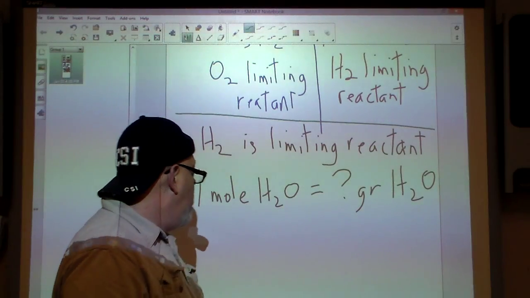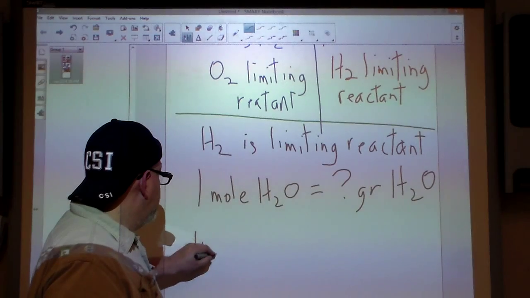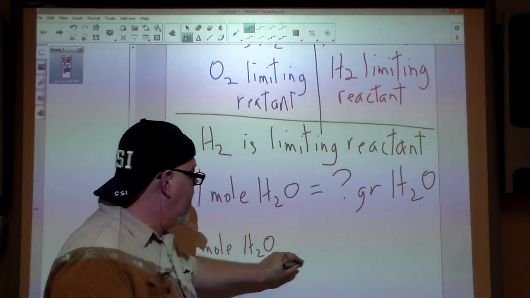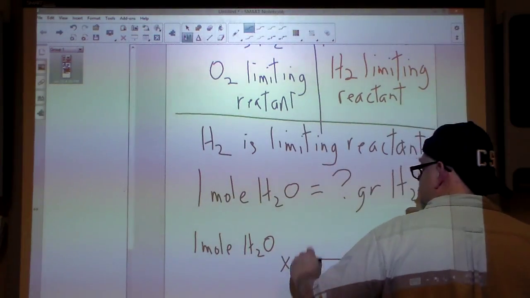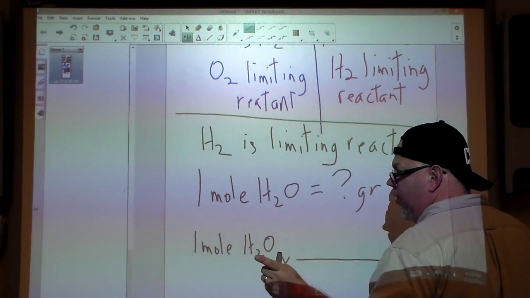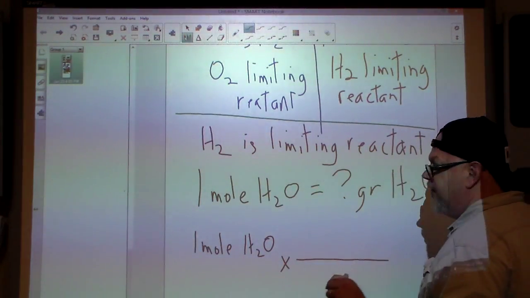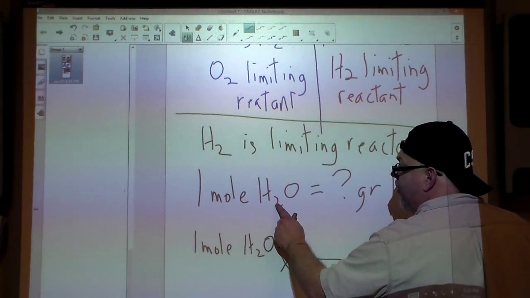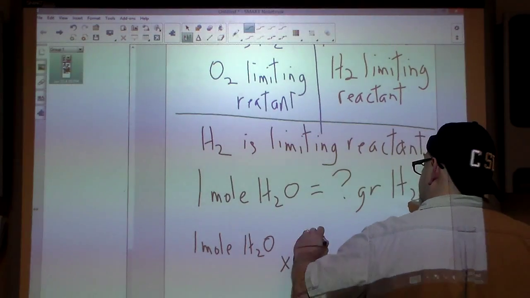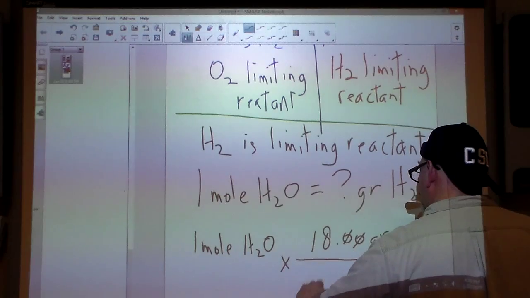We have 1 mole of water, and we multiply that times 16 grams to 1 mole of oxygen, 1 gram to 1 mole of hydrogen. So 16 plus 2 for the 2 hydrogens equals 18, so that's going to equal 18.00 grams to 1 mole of water.